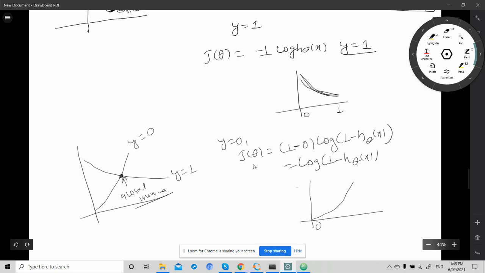So let's visualize this plot in Jupyter Notebook. I will visualize the cost function for y equals 0 and y equals 1. I will take a range of probability from 0 to 1 for the visualization so that I can plot these two graphs.